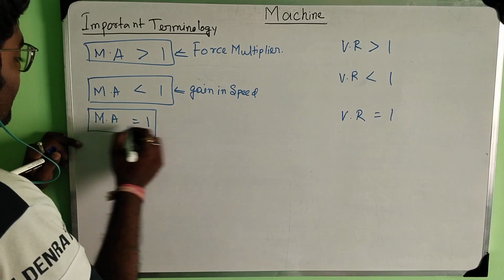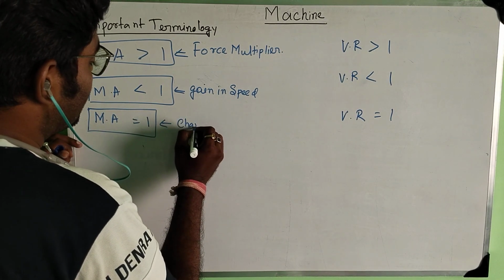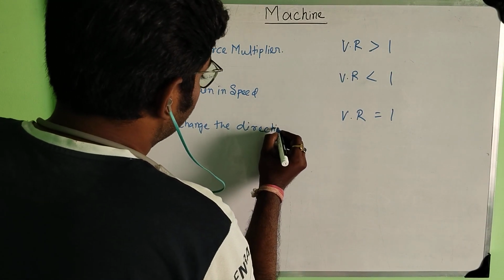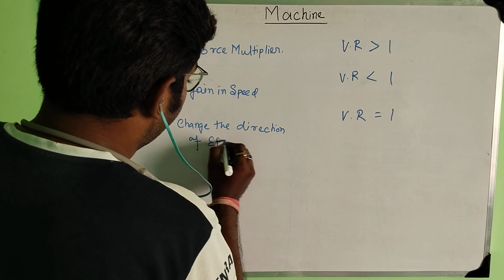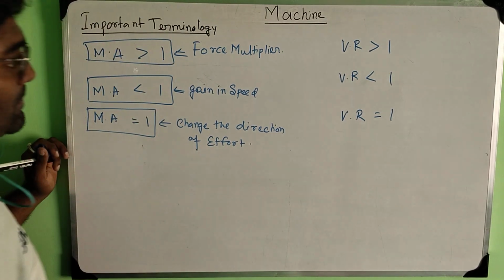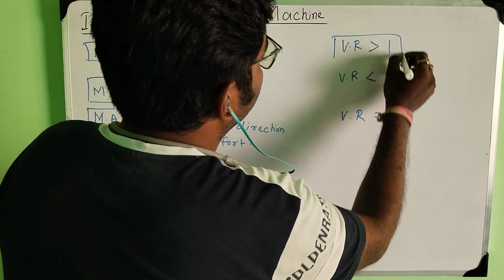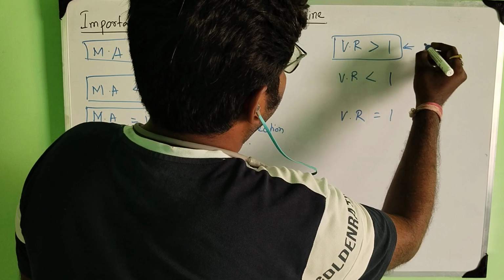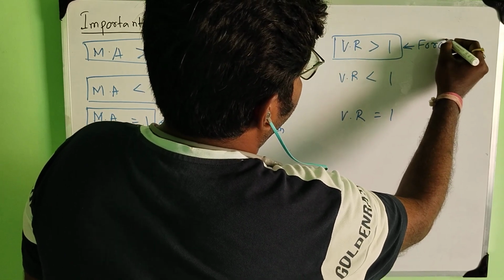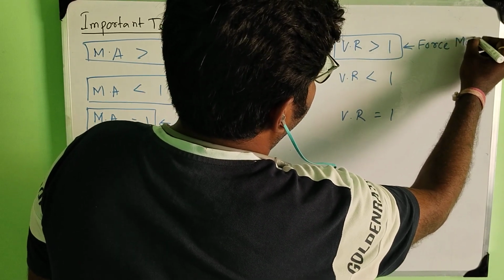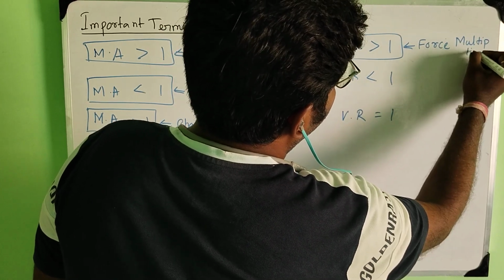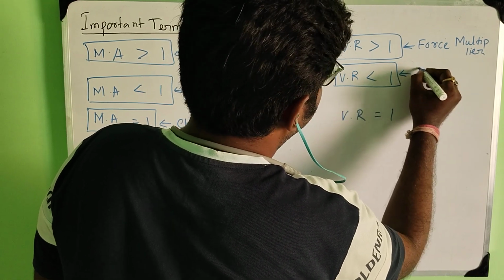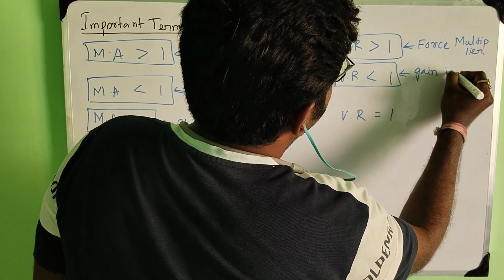If mechanical advantage is equal to 1, that means it changes the direction of effort. Now if velocity ratio is greater than 1, this will also act as a force multiplier. If velocity ratio is less than 1, this also will act as a gain in speed.